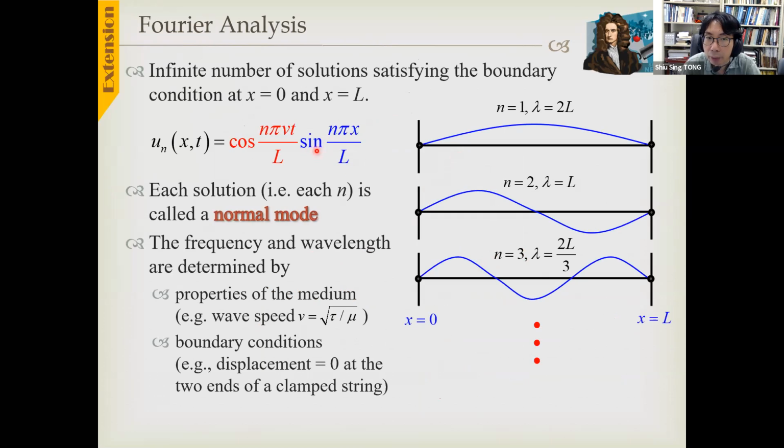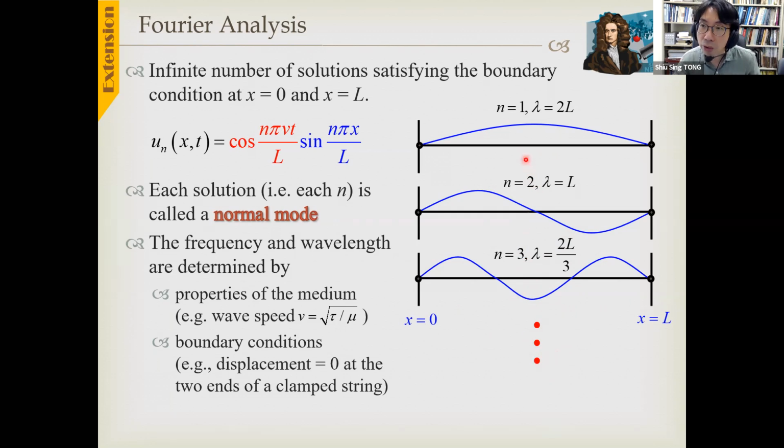Now, so we review our result. Our result is that if you have a string of length L fixed on both ends, there are certain standing waves that can exist on the string, and in fact there are infinitely many of them. If you go to a larger n, then the wavelength becomes shorter. Okay, you have more antinodes in the wave, and you can have n go to infinity theoretically.